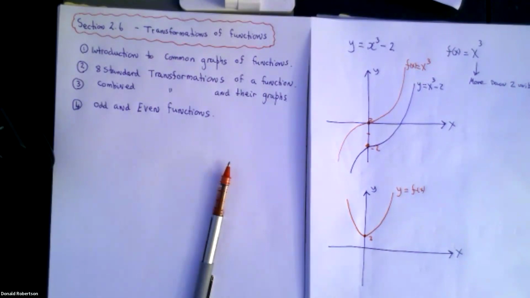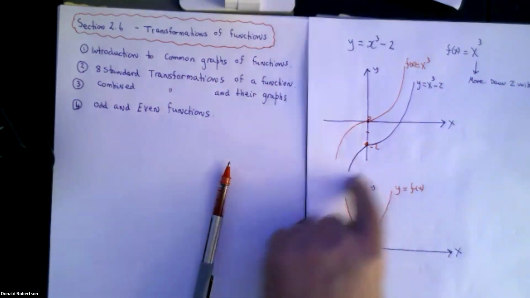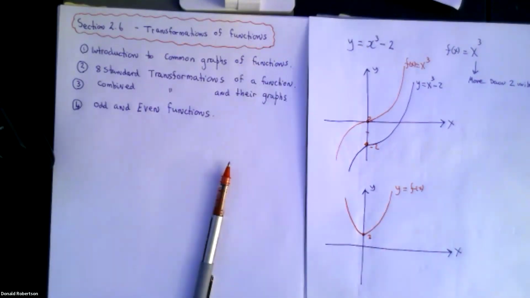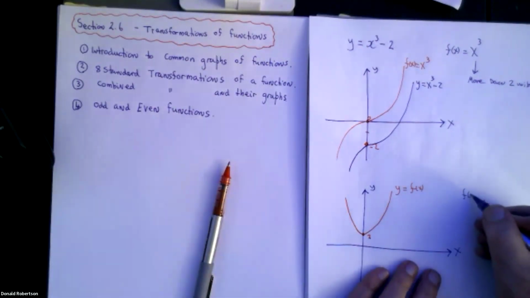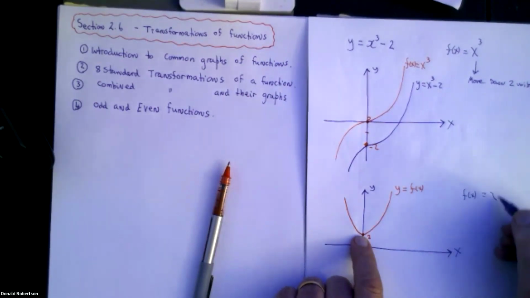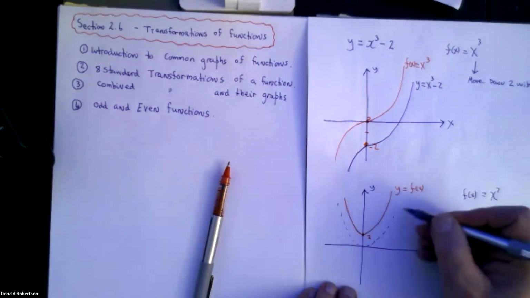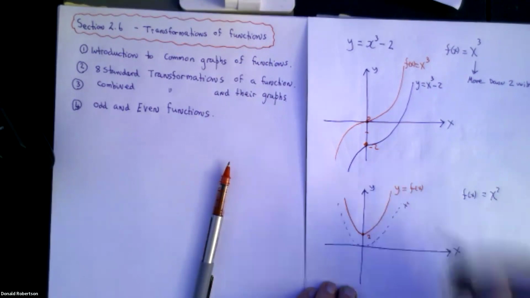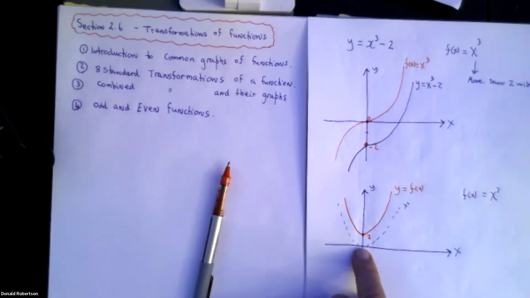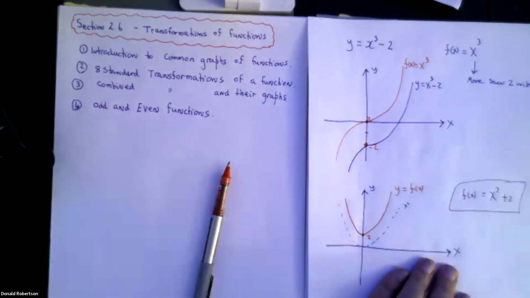And the question was, what would be the equation of this function? Well, do you recognize its shape? Isn't it an x squared? But wouldn't x squared start life off here? Now what happened to it? It moved up to 2. And that would be your answer.